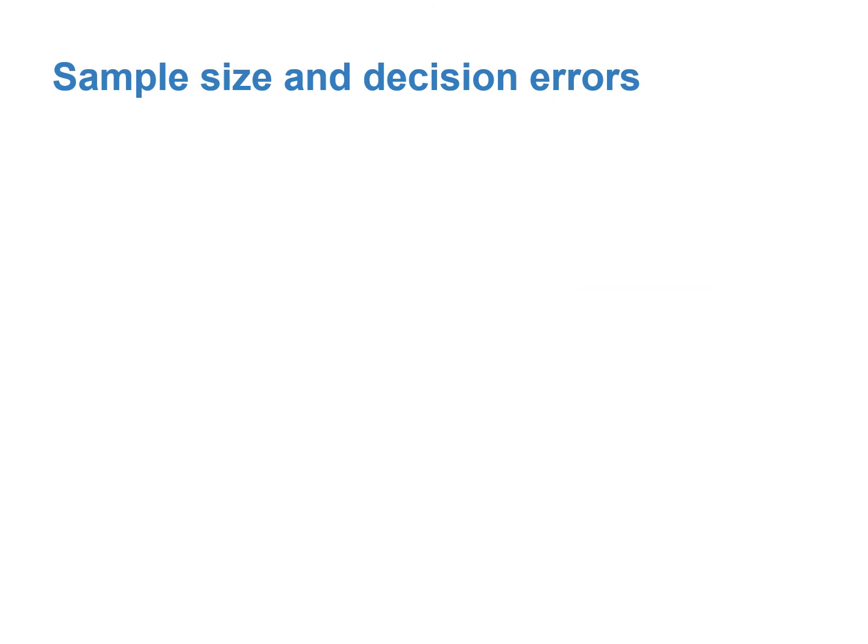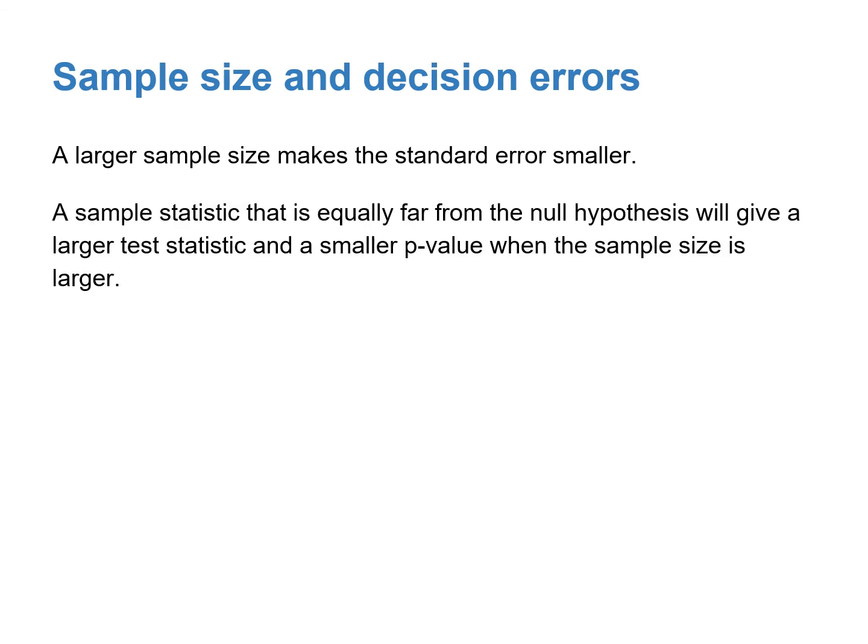Sample size is also related to decision errors. A larger sample size, remember, makes the standard error for our statistic smaller. Now, since our test statistic measures how many standard errors our sample statistic is from the null value, a sample statistic that is equally far from the null hypothesis will give a larger test statistic and a smaller p-value when the sample size is larger.